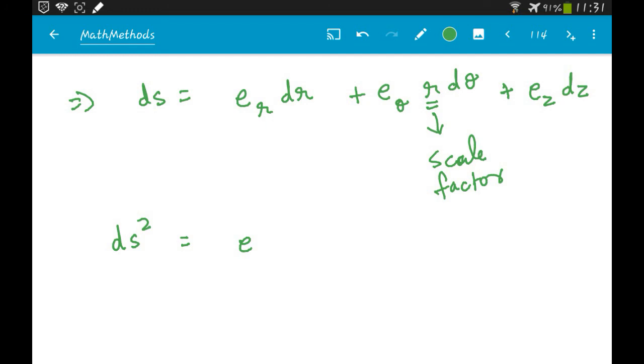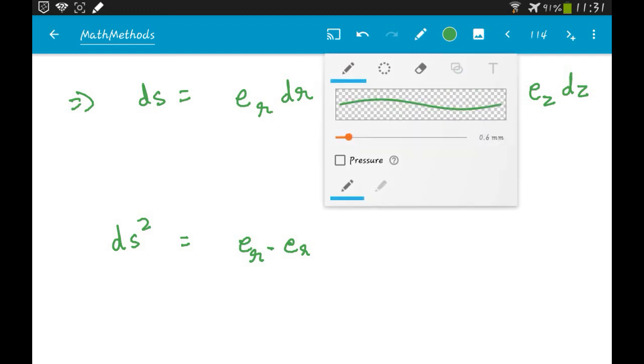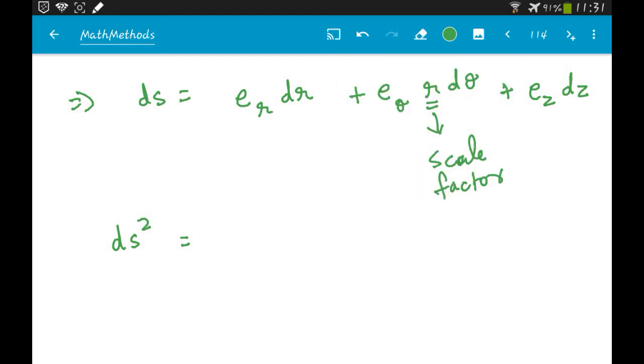So what is E_r dot E_r? Let's write this as ds dot ds, because this is the vector.